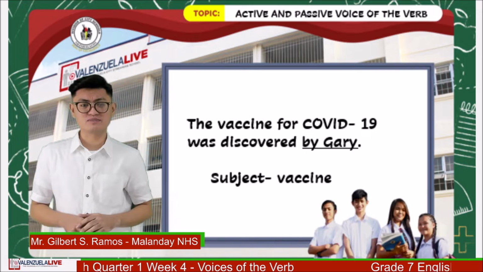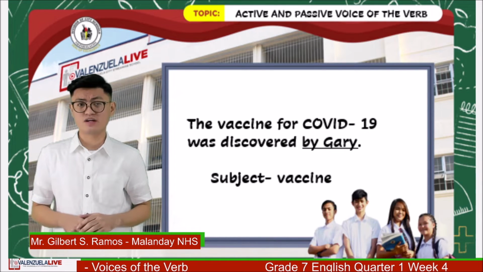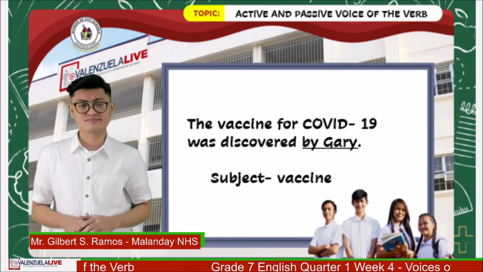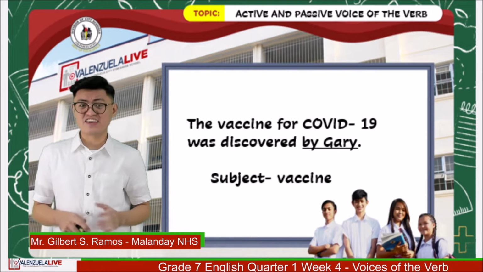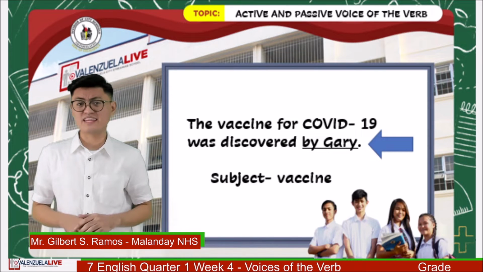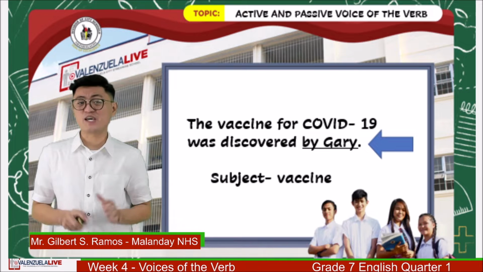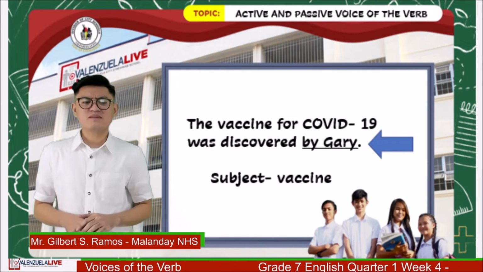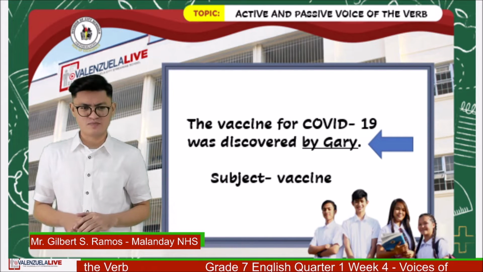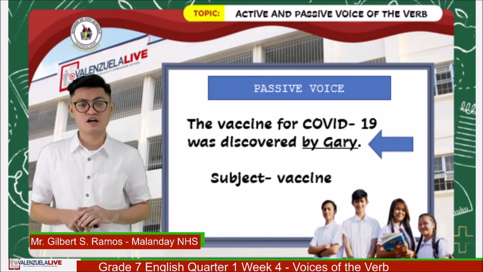Definitely no. So, where is the performer of the action? Take a look at the by phrase. Does it contain the actor? Yes. In other words, the subject is not the performer, so the verb is in the passive voice.